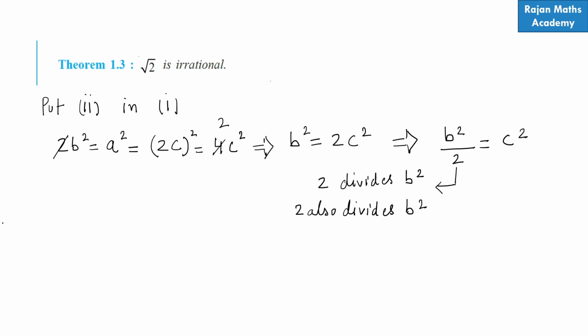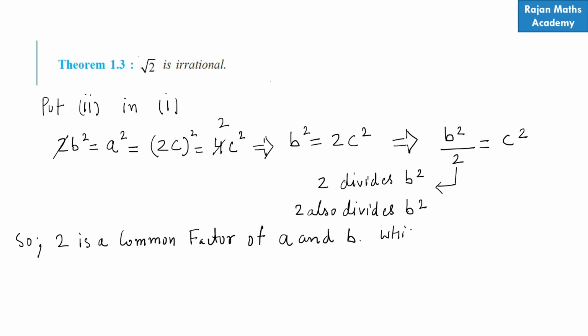So 2 is a common factor of a and b, which is a contradiction of a and b as co-prime.